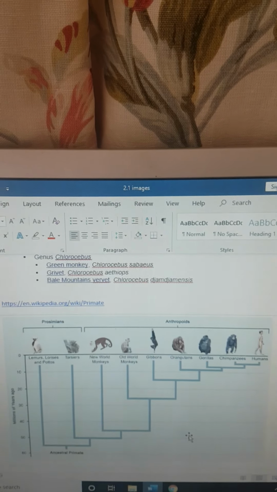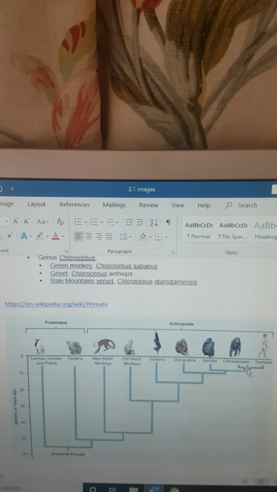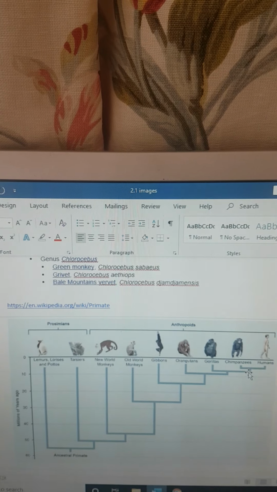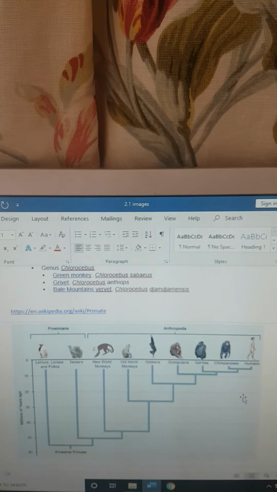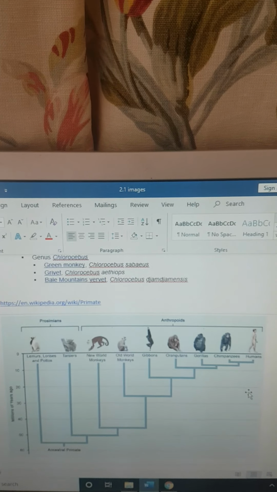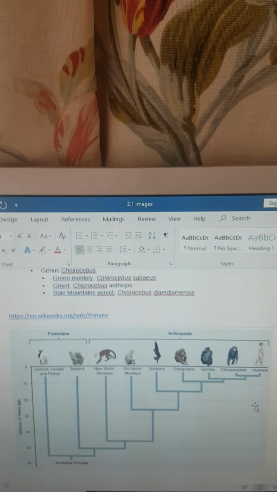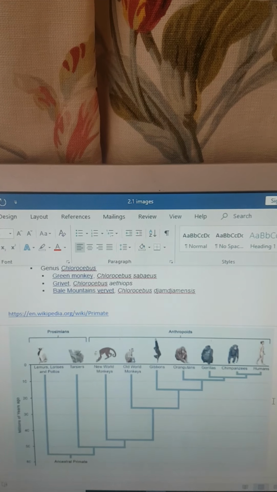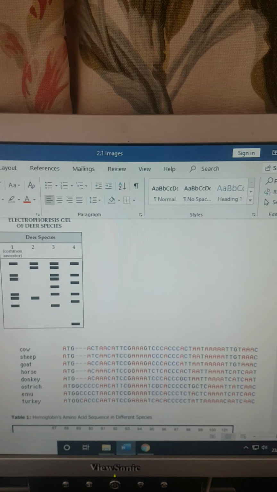And whilst they have provided us with quite a lot of valuable evidence, there is something called proconsul, which has been found. Fossils of a creature called proconsul, which is thought to be a common ancestor of humans and chimps, have been found. It's very hard to piece together full evolutionary pictures from fossil evidence alone, which is why DNA sequencing has been such a valuable tool since it was invented.